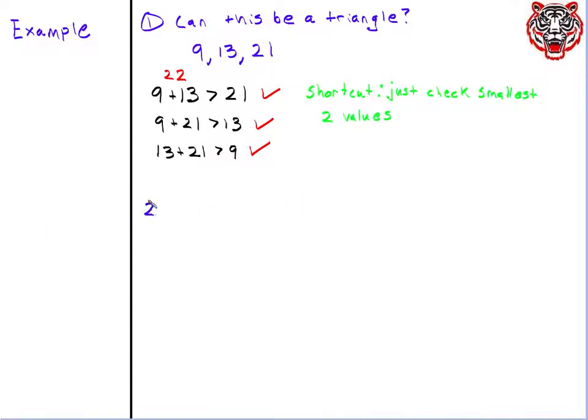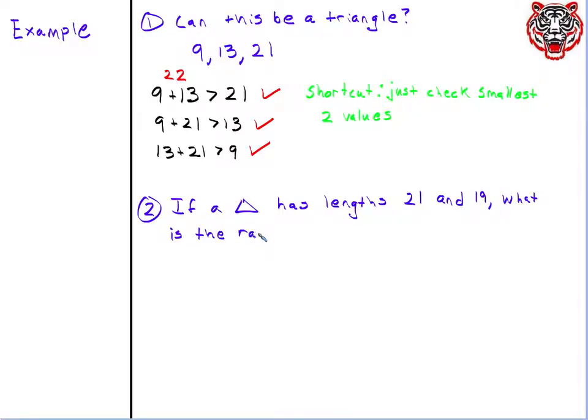So number 2, if a triangle has lengths 21 and 19, what is the range of values the last side length can have?